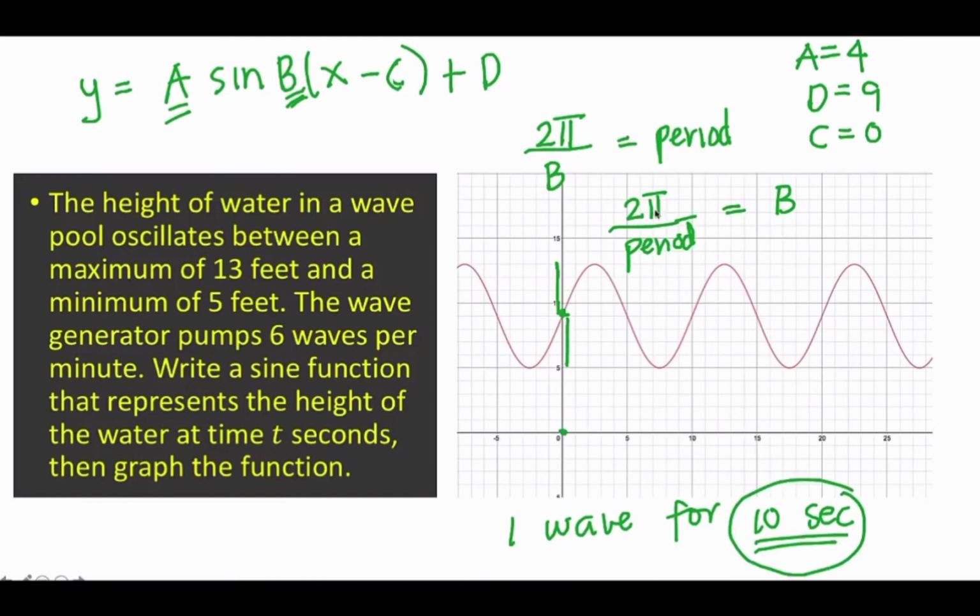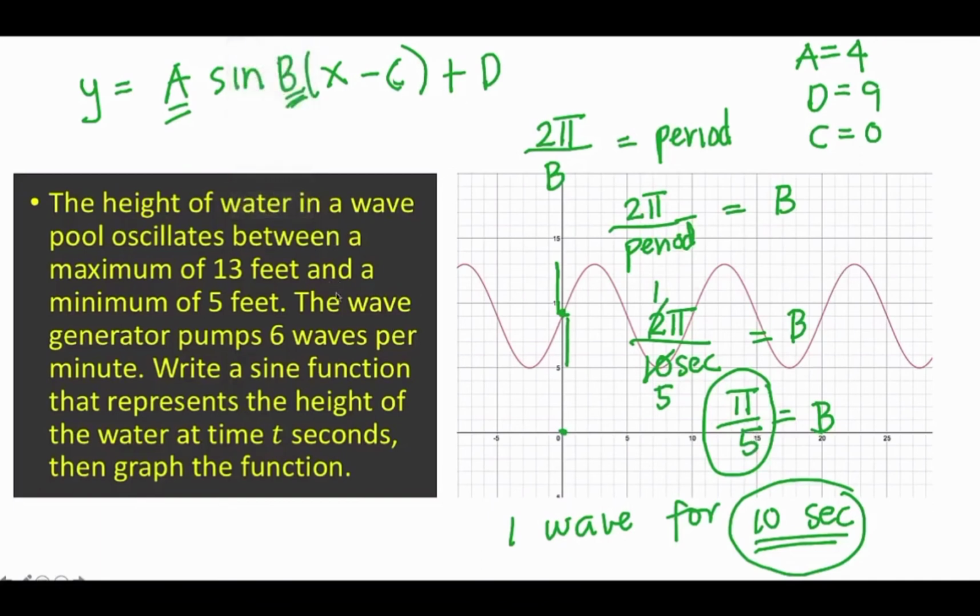So using this formula, we will have 2 pi over a period of 10 seconds, and that would be equal to our b. That is 2 pi divided by 10. We can cancel out the 2: 2 divided by 2 is 1, 10 divided by 2 is 5. Our b, therefore, is equal to pi over 5. So the number that we are going to substitute for b is pi over 5.